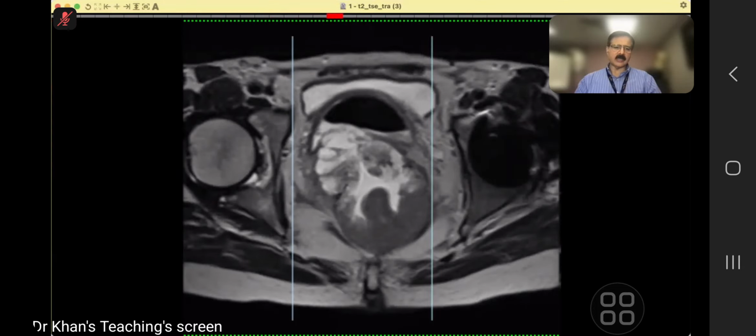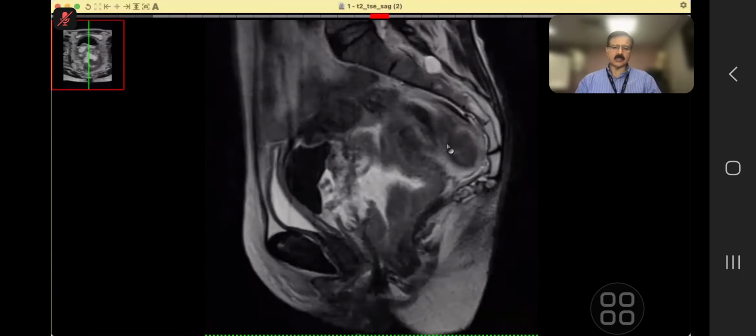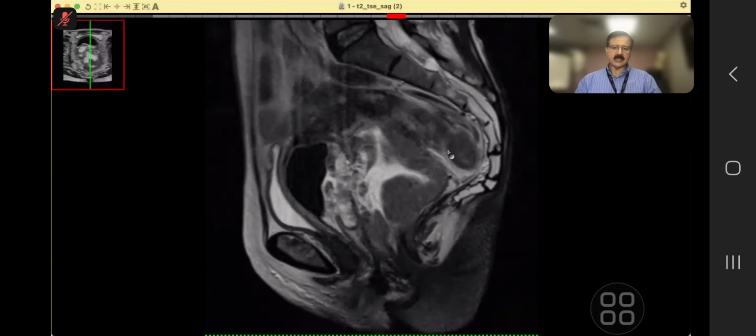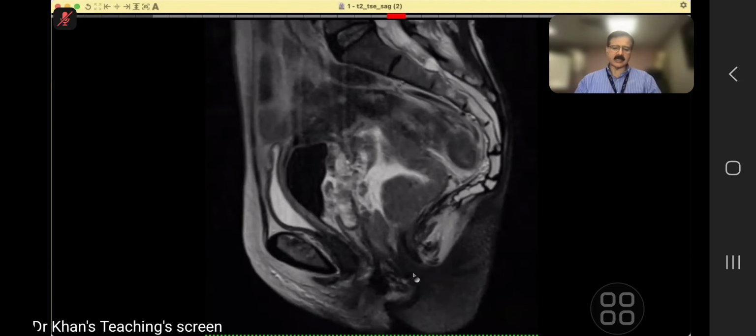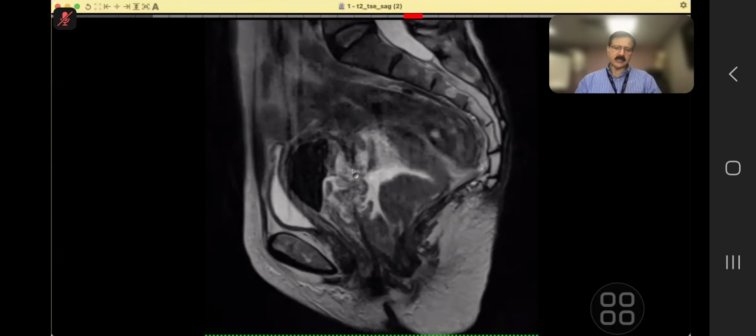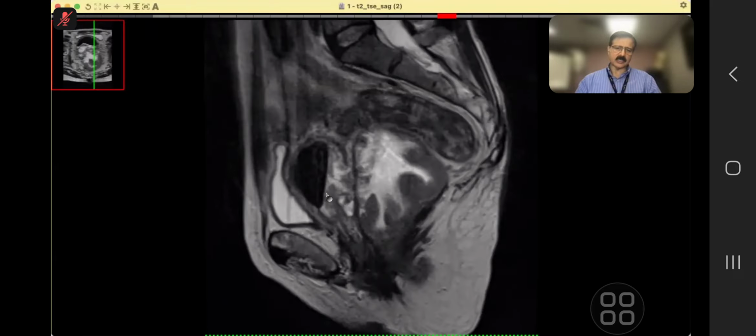Now, if we go to the sagittal, which is this one, we can see that this is the anal canal. So from here onwards is the vagina. And you can see this mucin material going distally in the vagina, and that is what we were looking at. Here, this is the posterior wall of the vagina. This tumor has gone completely inside, sitting in the vagina.